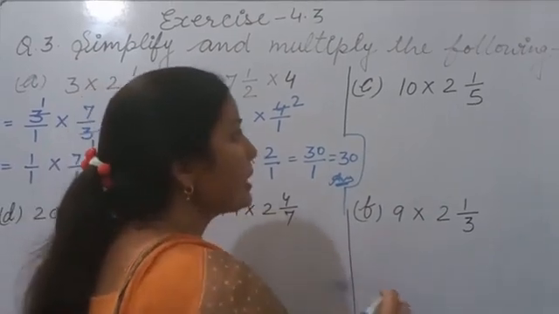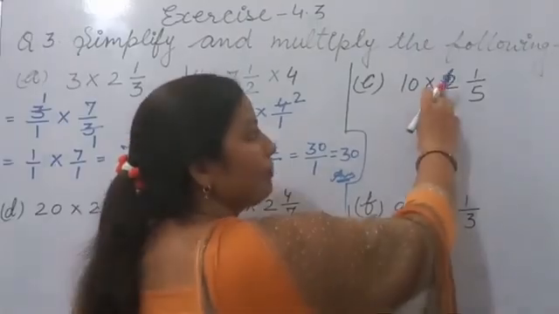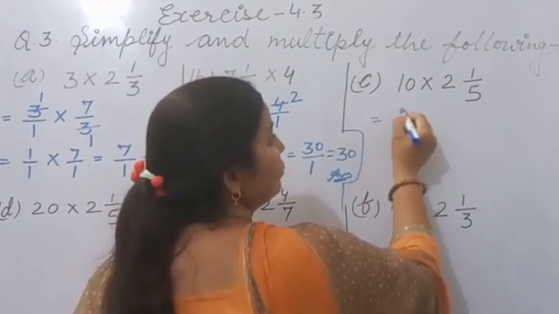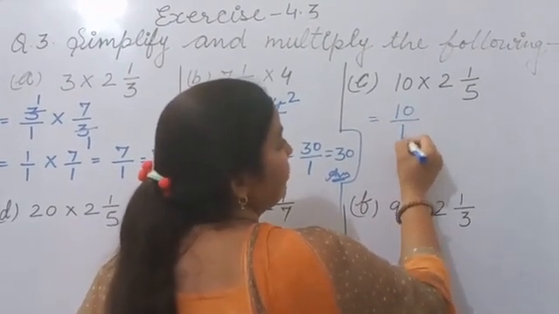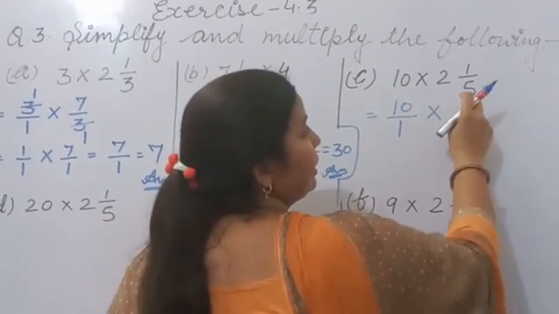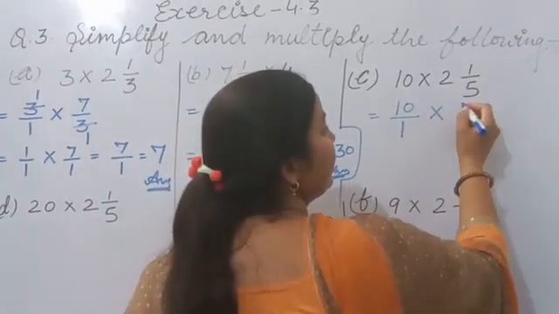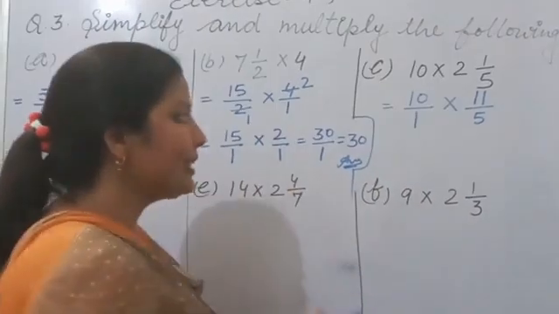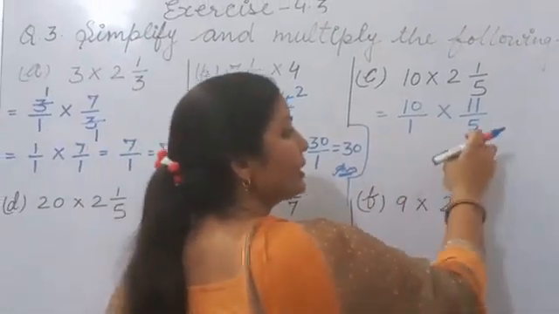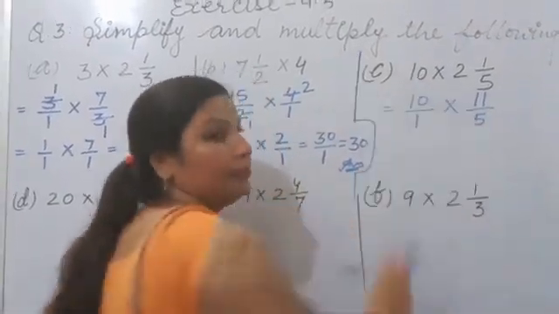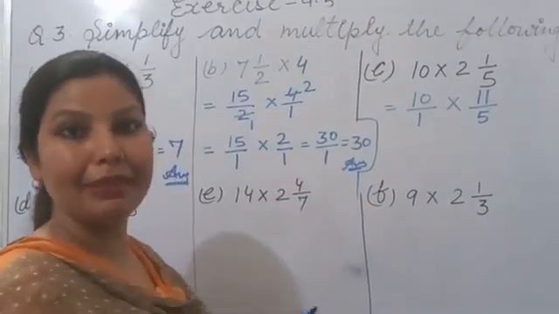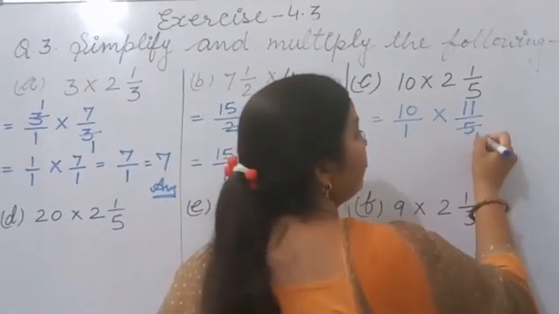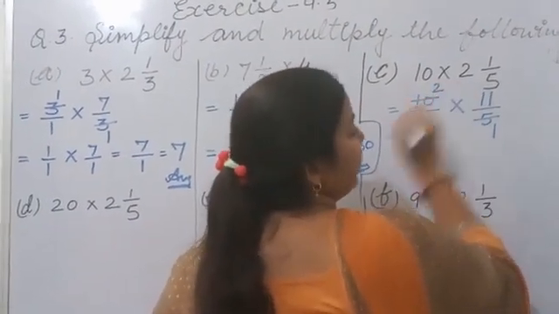Next is the C part. 10 multiply by 2 whole 1 upon 5. So 10, there is no denominator, so we can take here 1. 10 upon 1 multiply by, now 5 twos are 10, 10 plus 1 is 11 upon 5. Now we can see there is denominator 1 and there is 5. In the 5 table we have 10. That means we can cancel by 5. 5 ones are 5, 5 twos are 10.